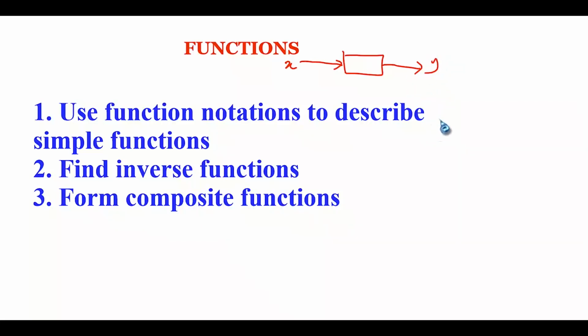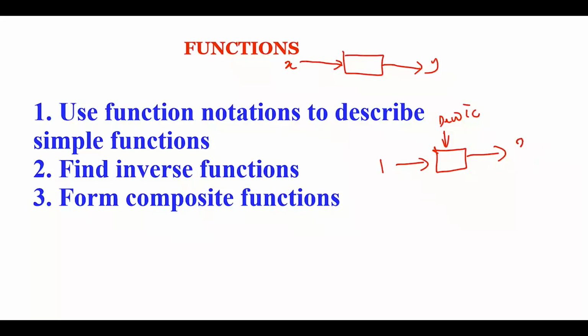Take for instance, let's say you have a function. If you insert 1, you should have a single number. Probably this is the device, this is the machine. So if you insert 1, you should have your output to be a value.